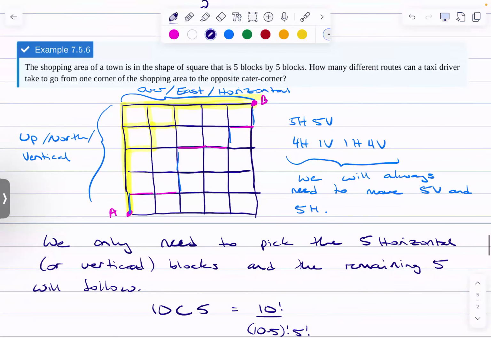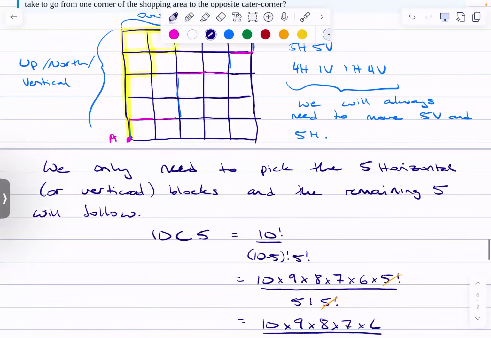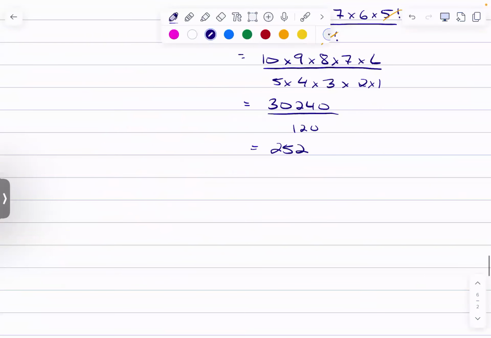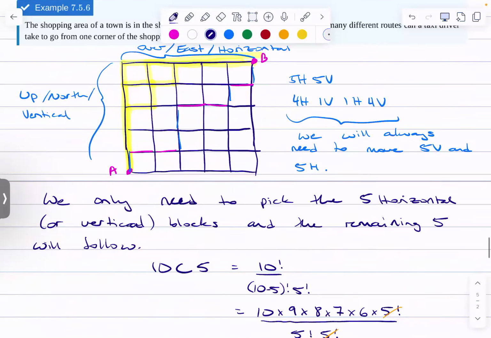This taxi driver could take almost a new route every day, if you exclude holidays and things like that. Lucky driver. It's exciting.